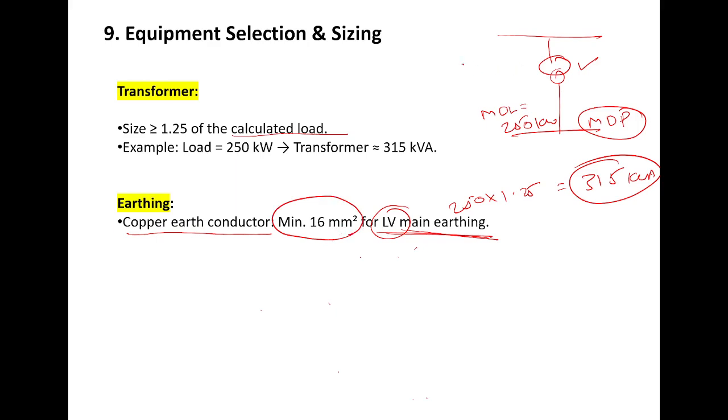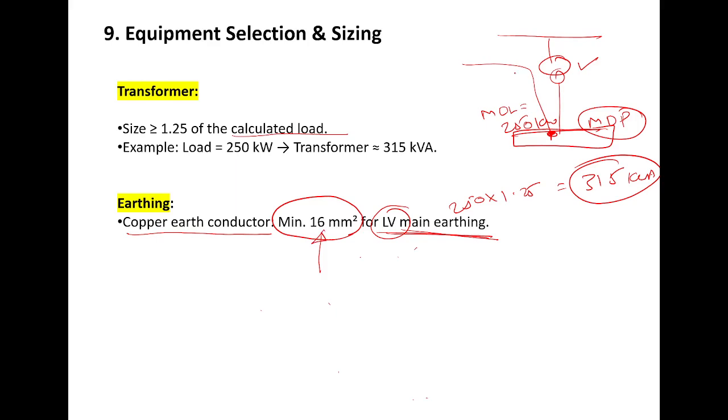This will be directly connected to your main distribution panel. And for complete calculation, if this is my very large main distribution panel, this will not work, because we have to calculate the size of earthing properly.